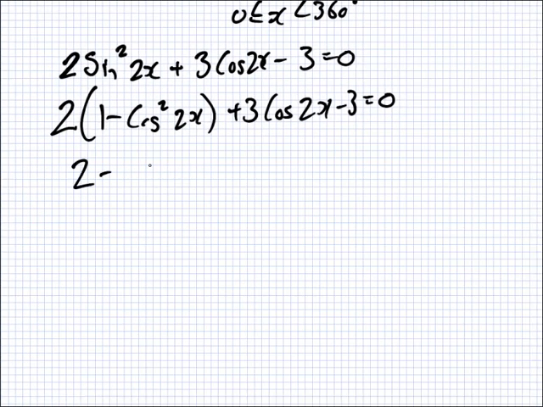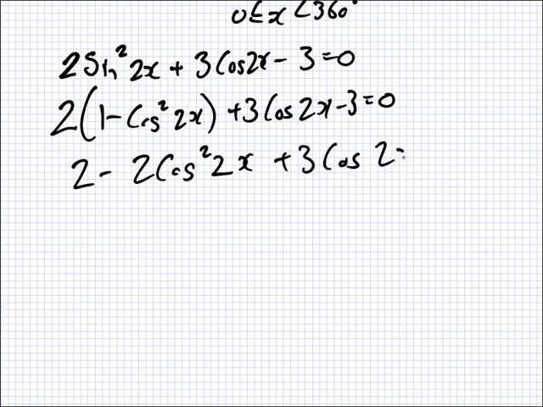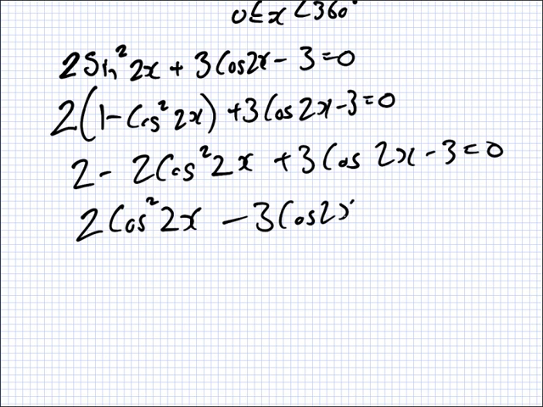So that's 2 minus 2 cos squared 2x plus 3 cos 2x minus 3 equals 0. Let's take everything to the right. 2 cos squared 2x minus 3 cos 2x plus 1 equals 0.